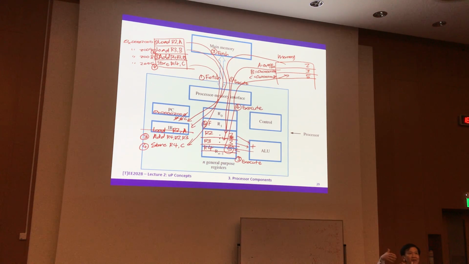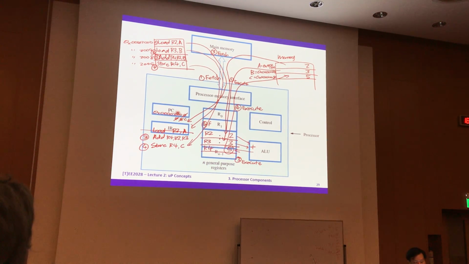So that completes one instruction: the fetch part, which is the instruction itself, and the execute part, which is the action of loading the data value from memory into R2, right? Then after that, the same story goes.